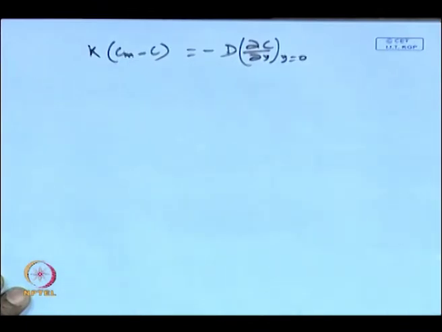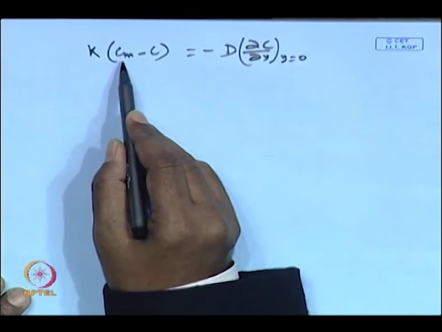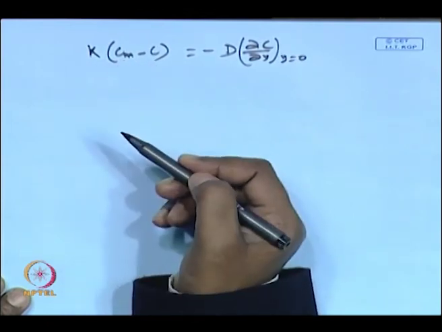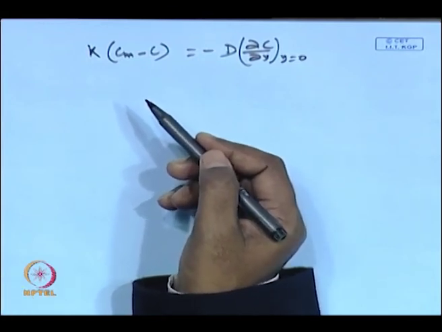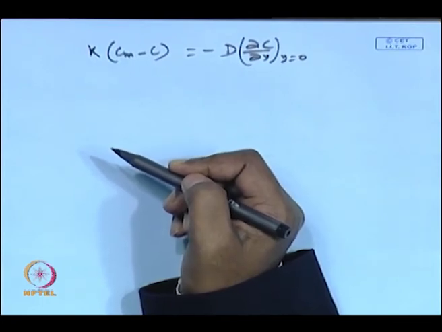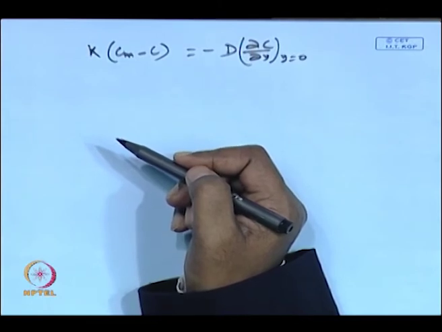Therefore, if you remember the definition of mass transfer coefficient, we had k times concentration at the wall minus concentration at the bulk. So, in this case it is not C naught, it is basically C that is appearing in the governing equation. So, my bulk conditions are now a function of x as far as the module is concerned. Previously they were treated as constant, now they will be a function of x, that is the only difference.